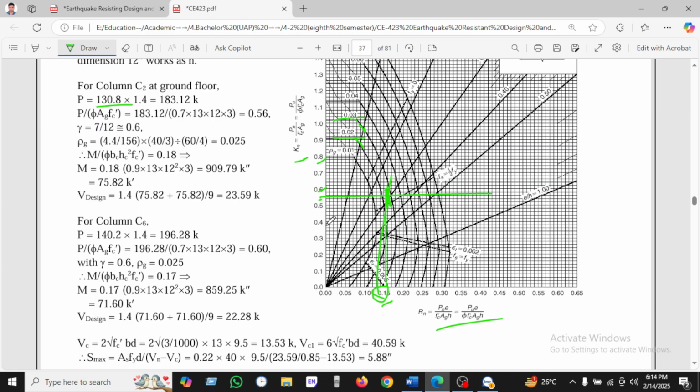That means this is the rho graph of 3. If I change the color, then we see this is the graph for 3. If this graph intersects here, then we go in this direction.